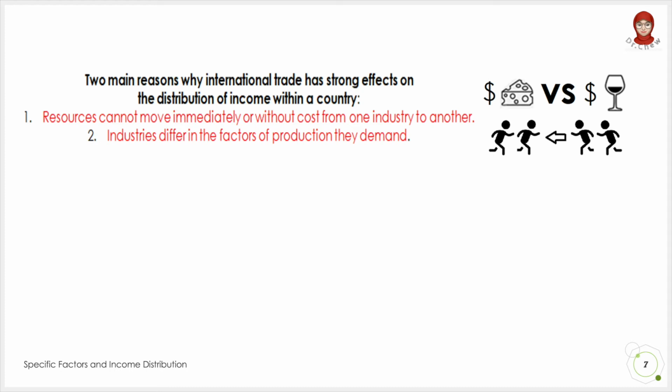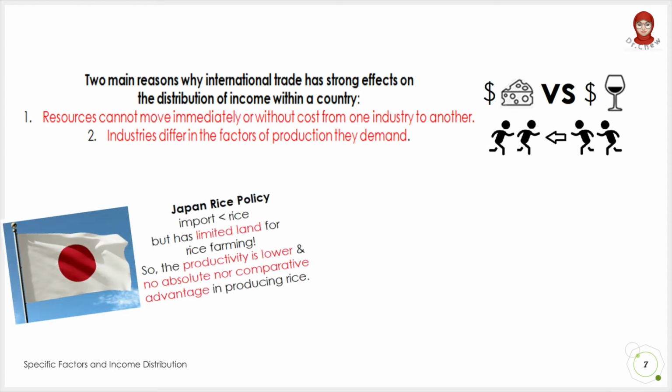Here is an example of Japan's rice policy, which shows how international trade influences the distribution of income within a country based on what has been explained a moment ago. Japan has a policy to limit imports of rice, even though Japan has limited land for rice farming.